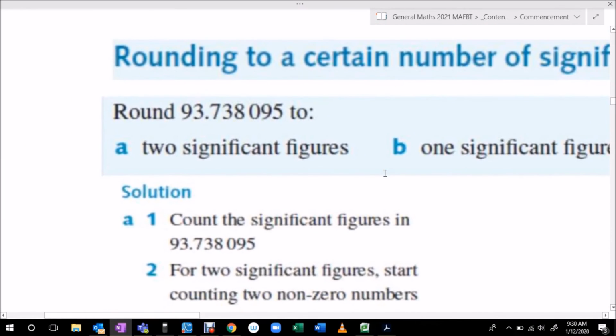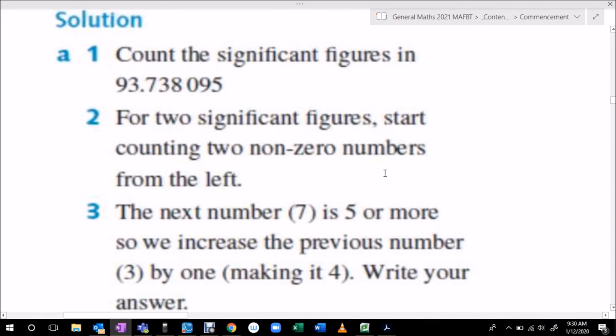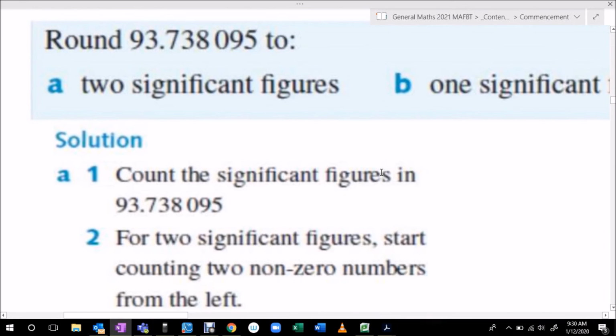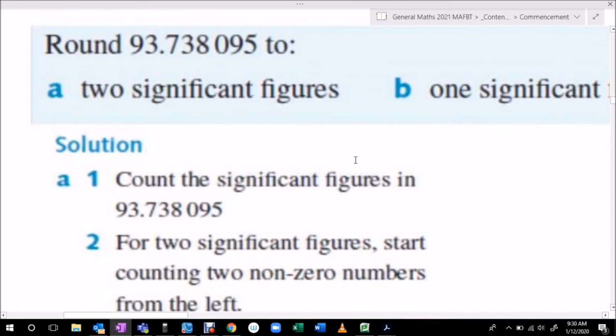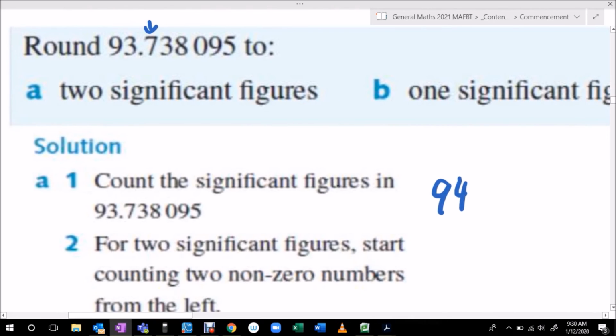Looking at this number, 93.738095, what are the two important numbers to represent it? 93, let's start with that. However, look at that 7: the number after the 3 will make this 3 become a 4. So you're left with just 94.